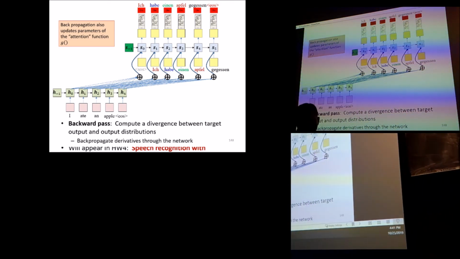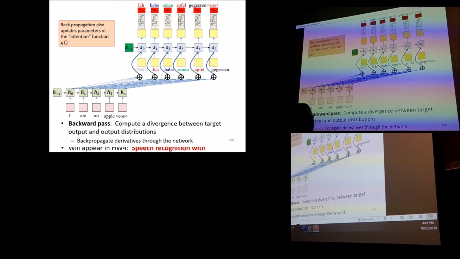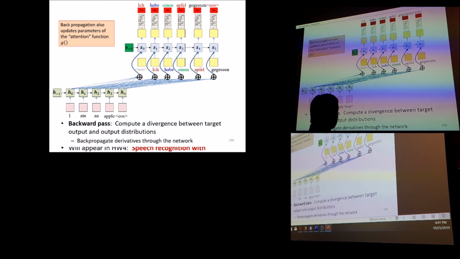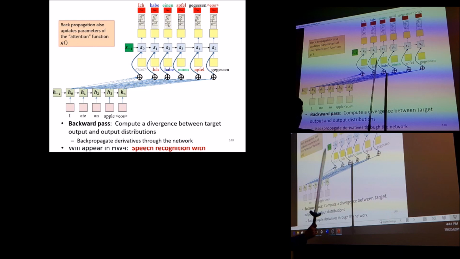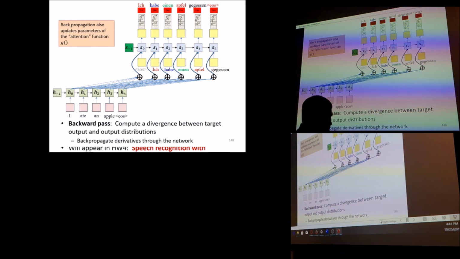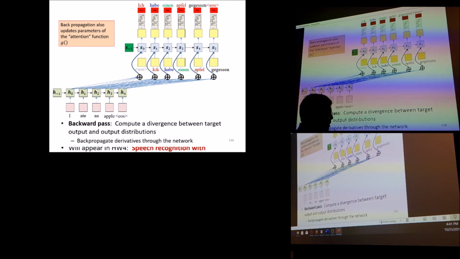But if you have some extra parameters, such as if you're looking at a matrix in the product, there are parameters to learn, and those must also be learned. Once you compute those divergences, they can be propagated backwards through the network, and all parameters of the network, including decoder parameters and encoder parameters, can be learned.